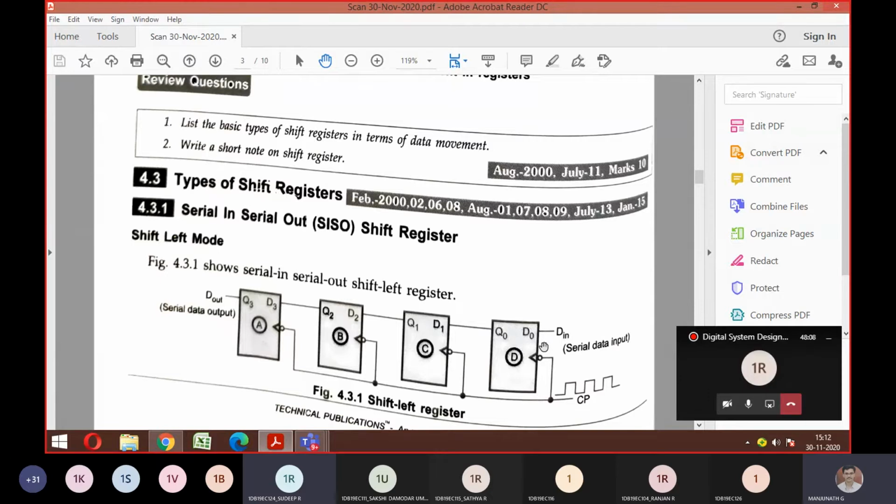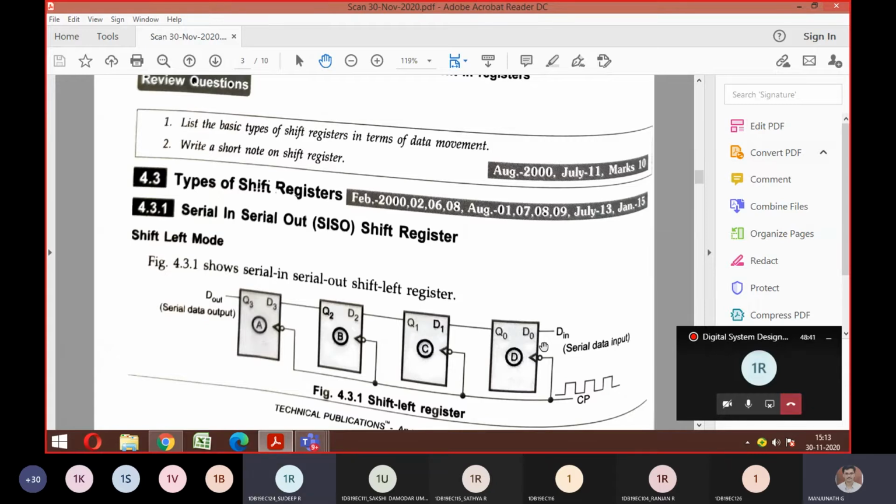Yes, sir. Look at the diagram carefully. Here the shifting is given with respect to the left register, and the same thing can happen for the right side also. Yes or no? You should be very careful while reading the question. If they ask you to generally explain the types of shift register, in that SISO, you can pick either left hand side or right hand side and give the explanation.